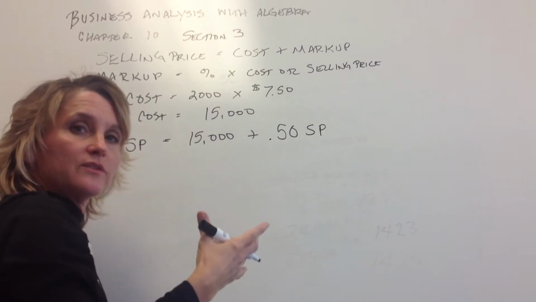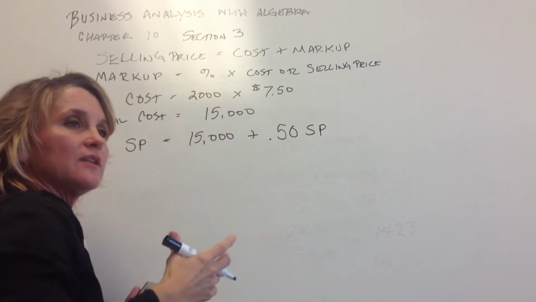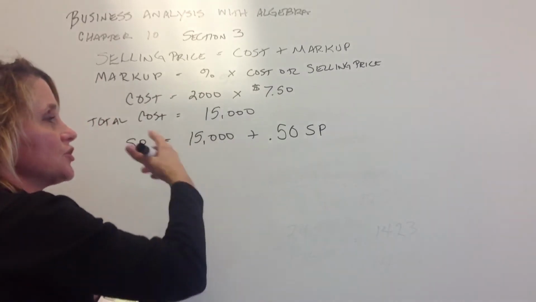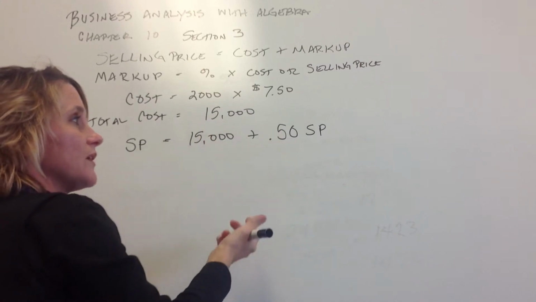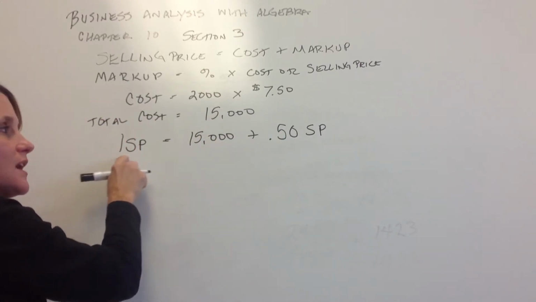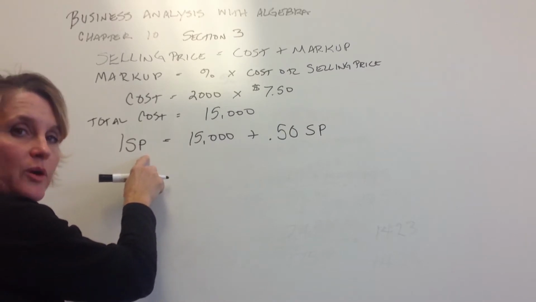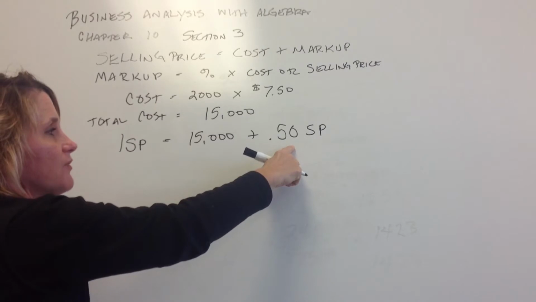So we've got the same variables here. This is one that students will struggle with too, because you can't quite complete either one of those equations as quickly as in the other examples we did. But this one we can still solve. Remember, we have 100% of the selling price, or in decimals, 1 selling price minus half of our selling price.